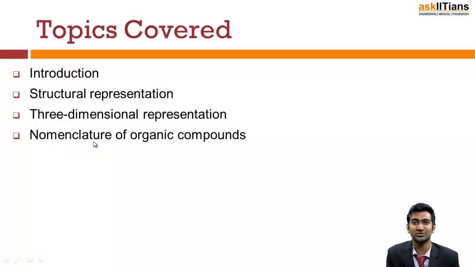Next, the most important thing, nomenclature of organic compounds. If you don't know about the nomenclature, then it will be very difficult for you to score good marks in exams, because this portion has a good weightage. Not only in the school exams but also in the JEE and all the IIT exams, all the state level exams. In most of the exams, there's a good weightage of around 2-3 names that come in the exam.